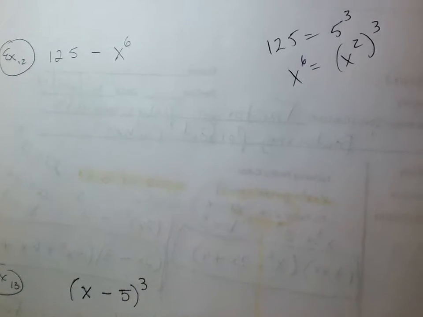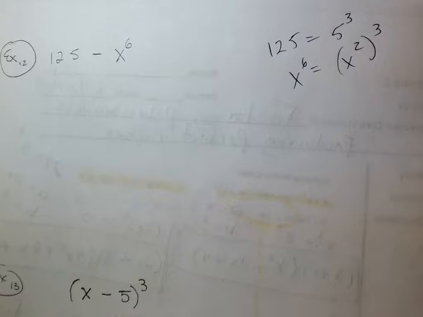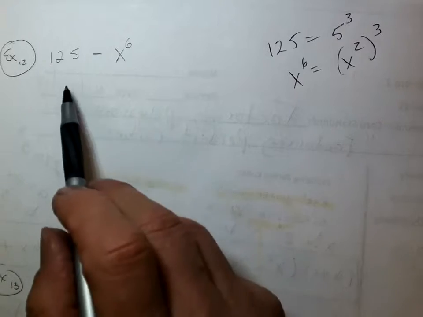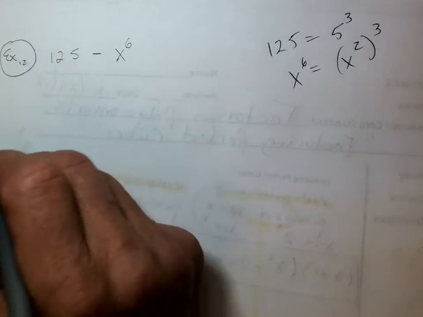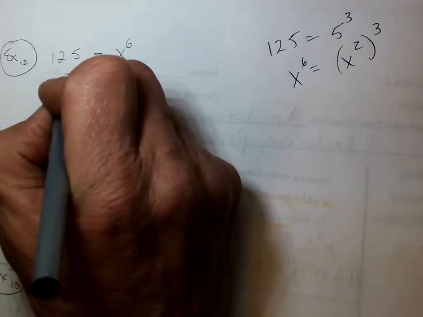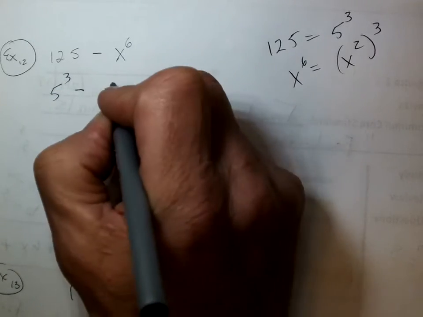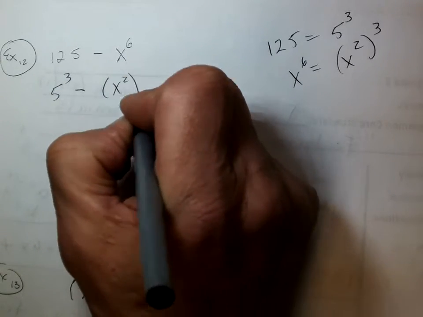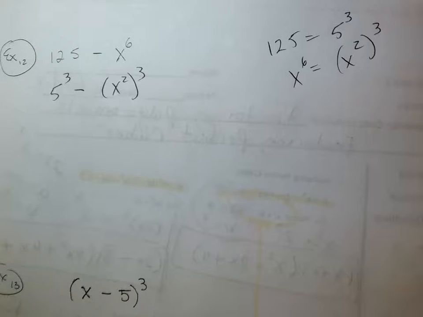Well, that's kind of tricky, but it's going to work, isn't it? So I have to have a perfect cube, right? So it is going to be, in a sense, 5 cubed minus x squared cubed, right?